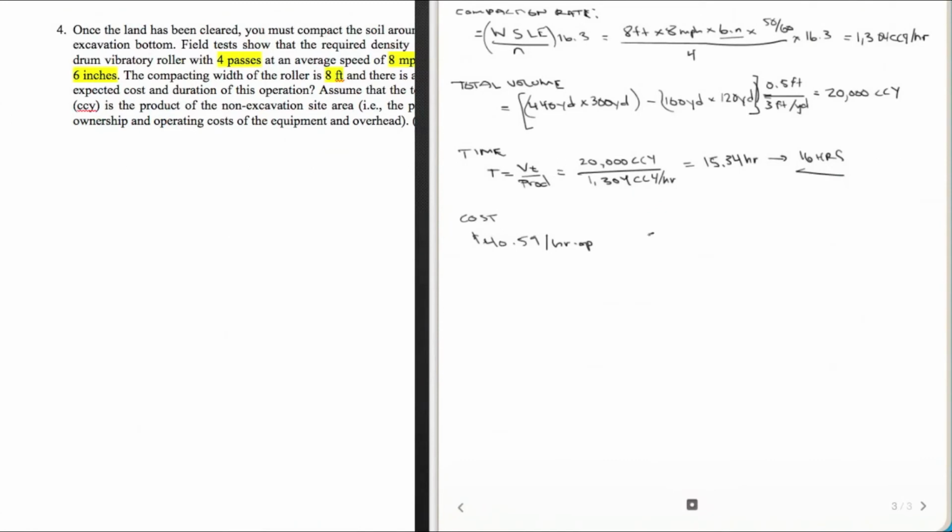Our cost is going to be equal to the number of hours, 16 hours, times $40.59 per hour operator. And in this case, we only have 1 operator. So that gives us a $623 operation. And there's the solution for that one.